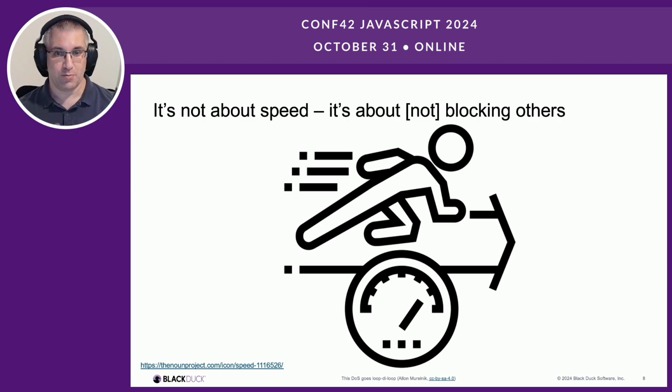So if a malicious request takes 2 hours to fulfill, that might be okay. The core issue here is not that it took 2 hours, but whether during these 2 hours we are able to serve legitimate user requests. How can we block a Node.js application?